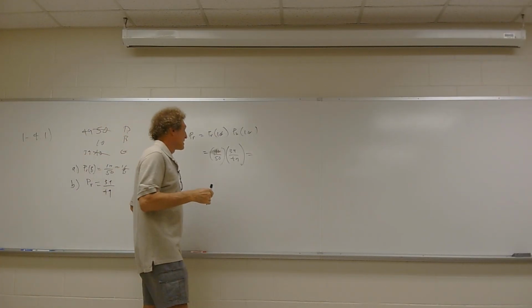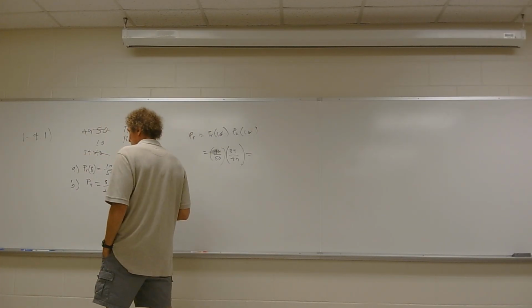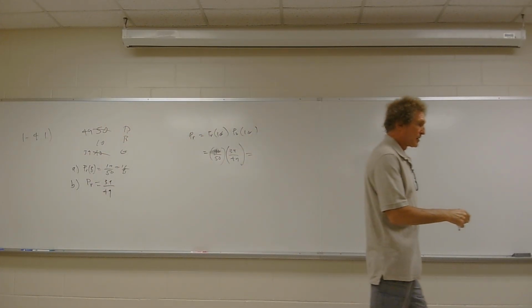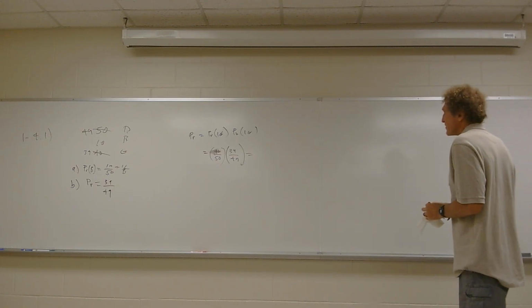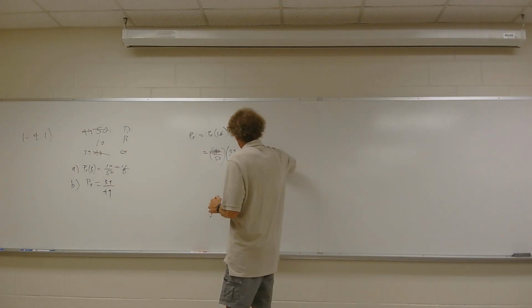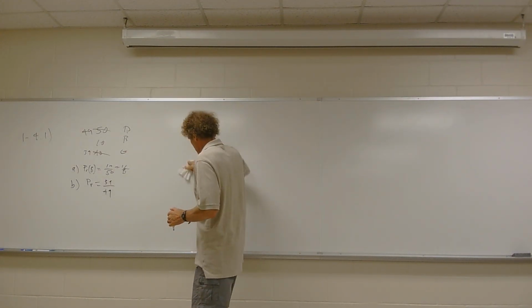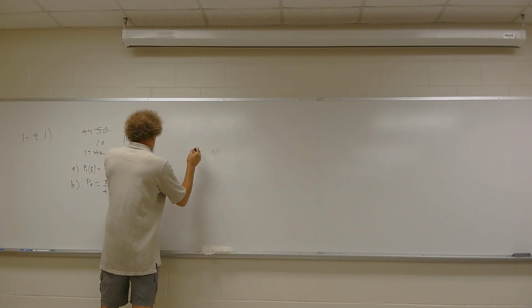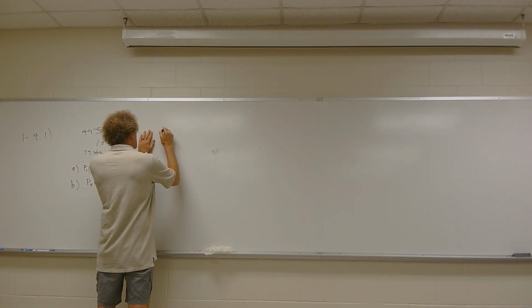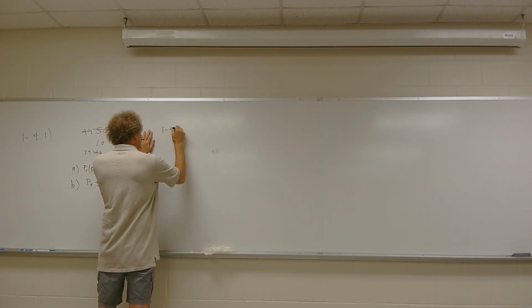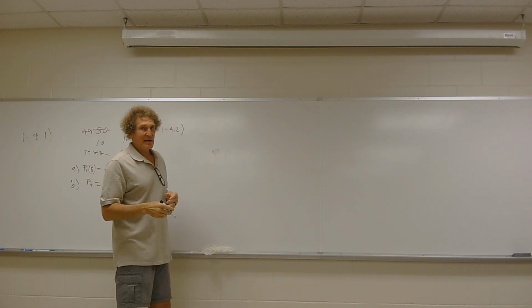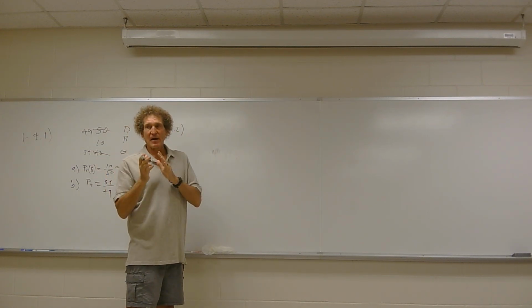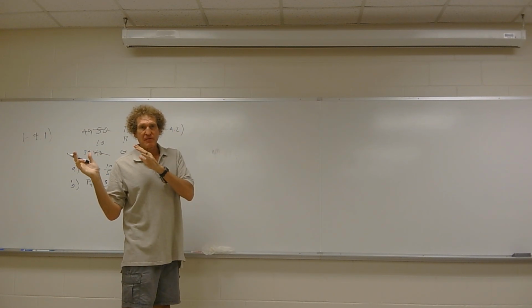Now, next problem. A telephone switching center survey indicates that 1 of 4 calls is a business call, while 1/10 of business calls are long distance, and 1/20 of non-business calls are long distance. Here we're drawing a Venn diagram or something representative of what's going on.